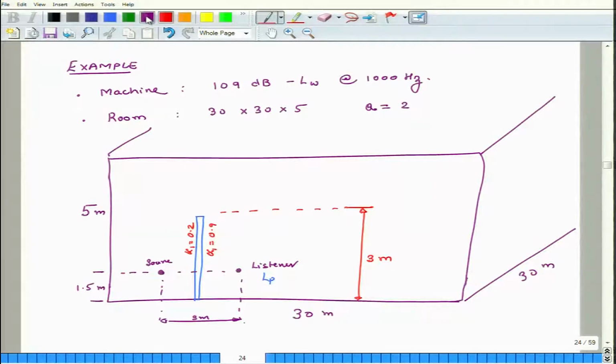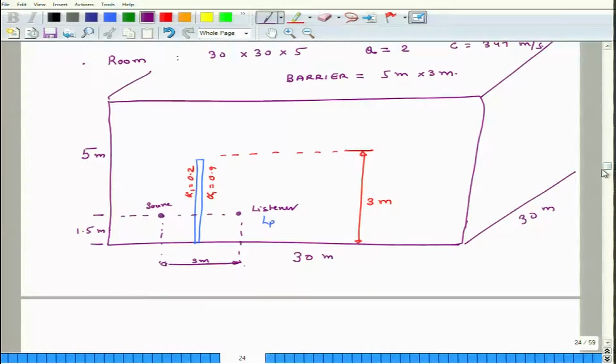And the speed of sound is 347 meters per second. Finally, the dimensions of the barrier. So, this barrier is 3 meters tall and the size is 5 meters by 3 meters. So, it is 5 meters in the depth direction normal to the plane of your television screen or laptop, and it is 3 meters tall.